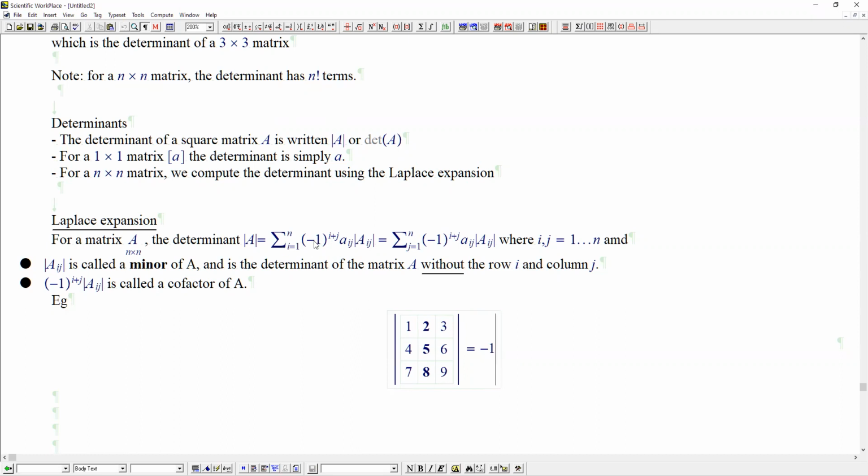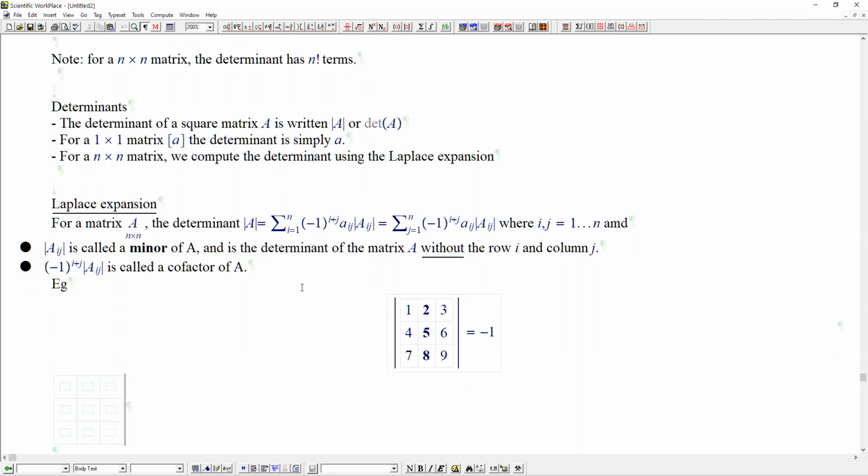To know what the signs are going to be for a 3 by 3 matrix, it would be something like this: 1, -1, 1, -1, 1, -1, 1, -1, 1.